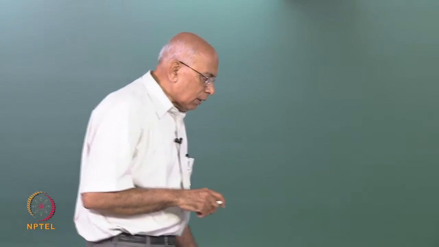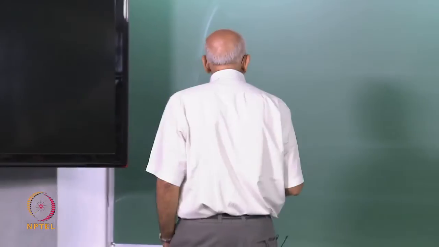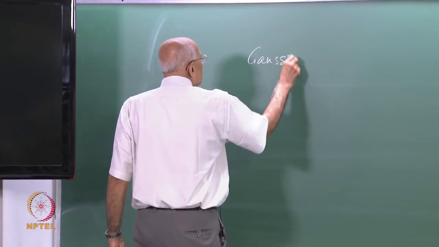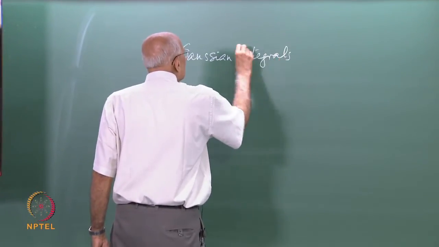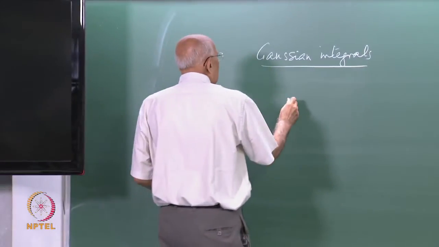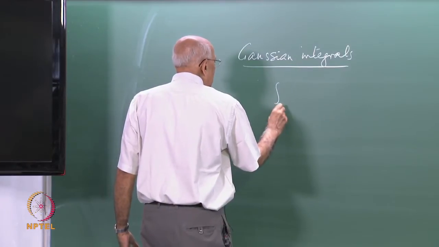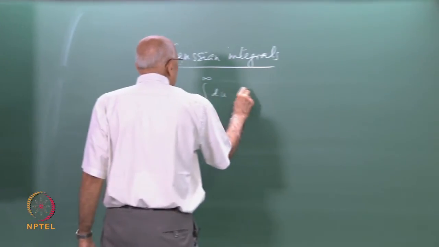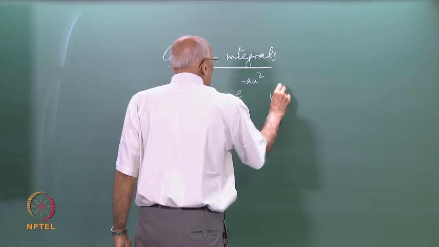So the first item is Gaussian integrals. And as all of you know, the general Gaussian integral, the familiar one, the one we are most familiar with, is this integral, 0 to infinity du e to the minus au squared u to some power r.